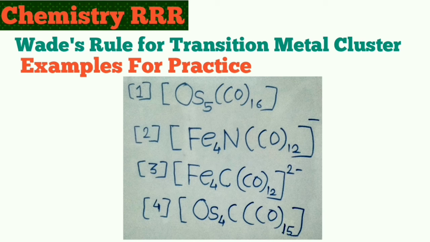And also remember that if carbon, nitrogen, or hydrogen is present in the metal cluster, then add the valence electrons of that element: for carbon 4 valence electrons, for nitrogen 5 valence electrons, for hydrogen 1 valence electron. This is all about Wade's rule for transition metal clusters.